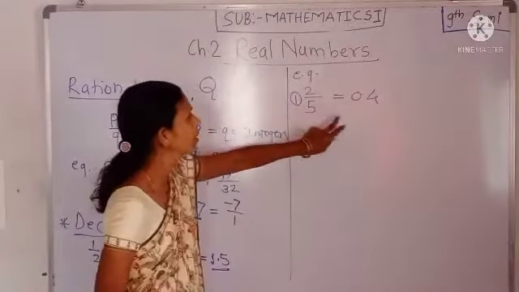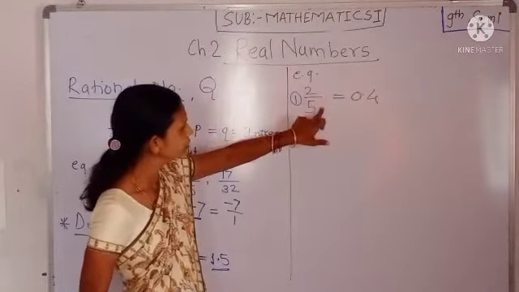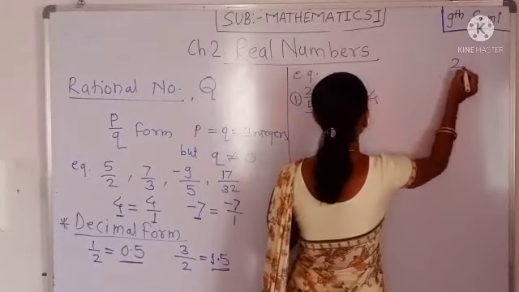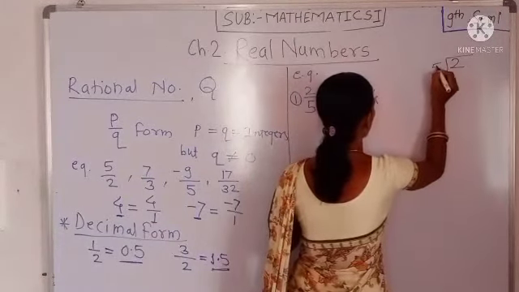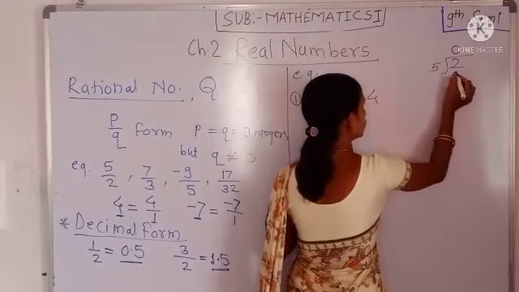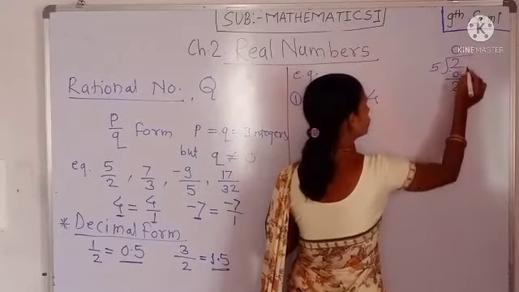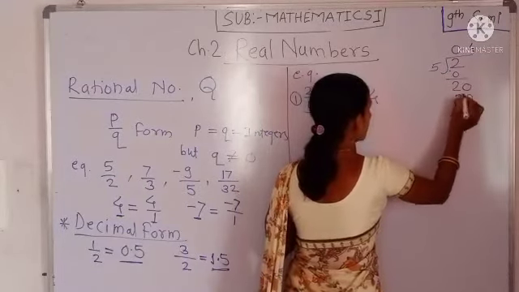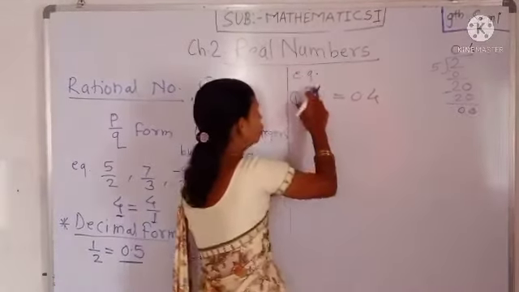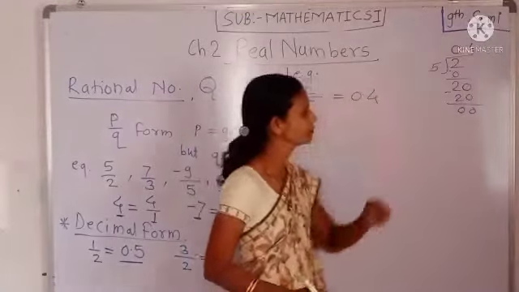We can obtain the decimal form of that rational number by dividing 2 by 5. 5 zeros are 0, 5 fours are 20, and therefore we get the value of 2 upon 5 as 0.4.